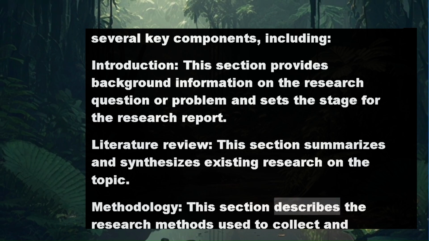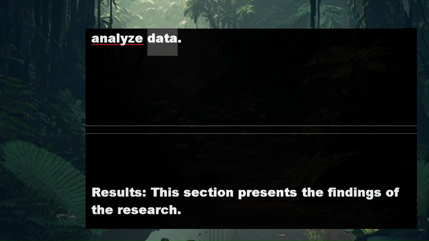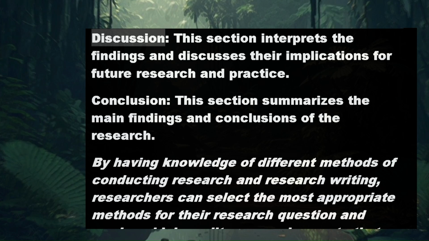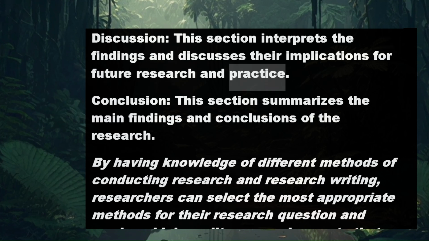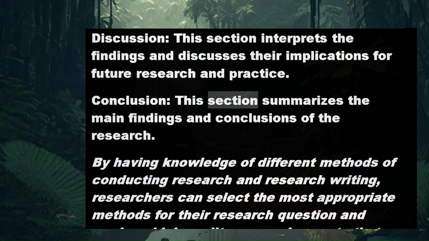Methodology. This section describes the research methods used to collect and analyze data. Results. This section presents the findings of the research. Discussion. This section interprets the findings and discusses their implications for future research and practice. Conclusion. This section summarizes the main findings and conclusions of the research.